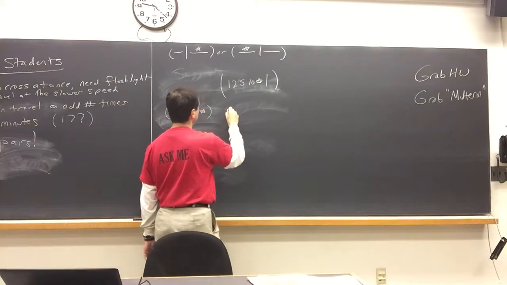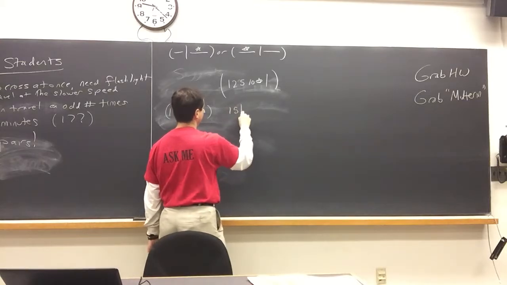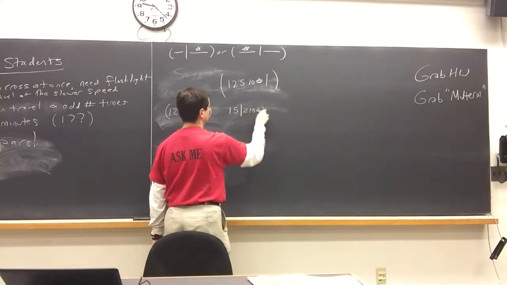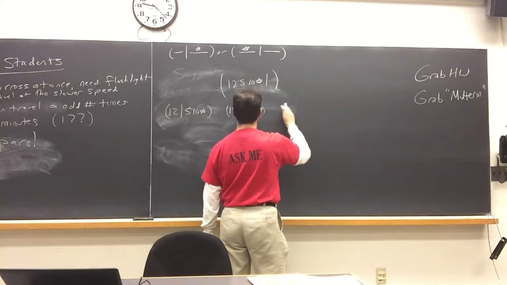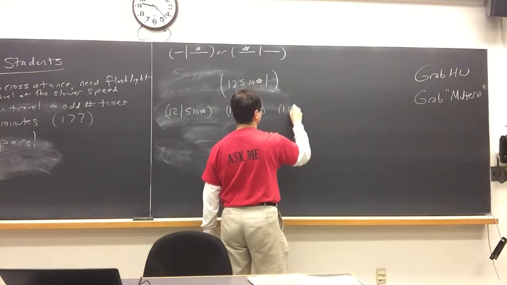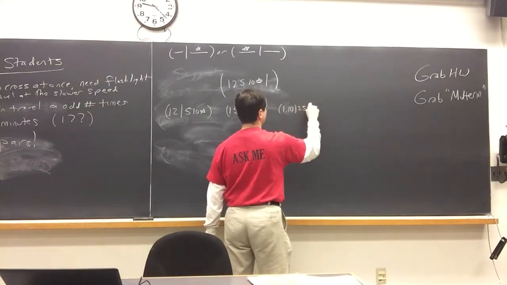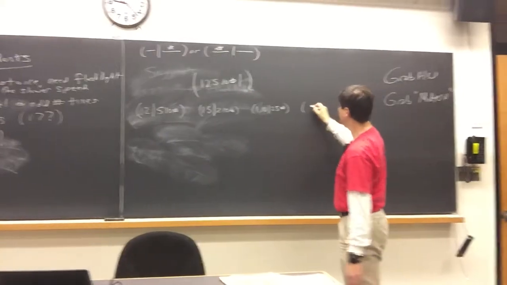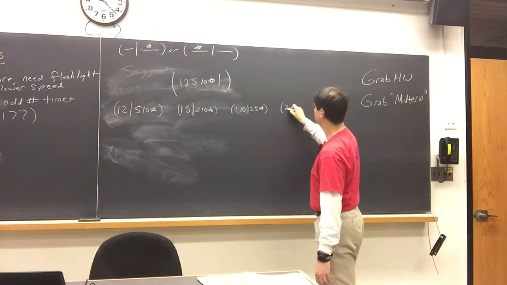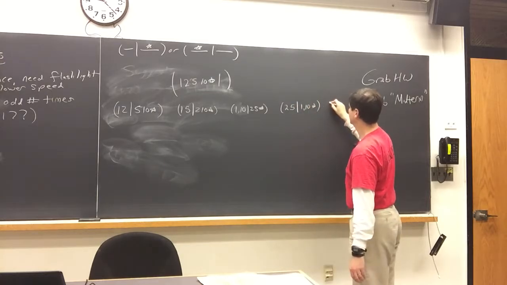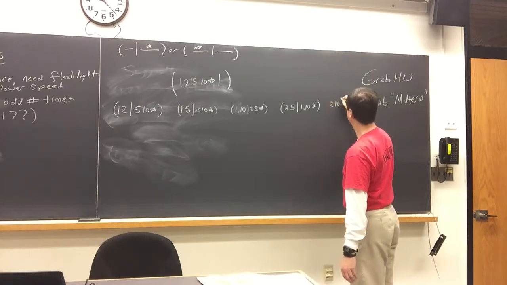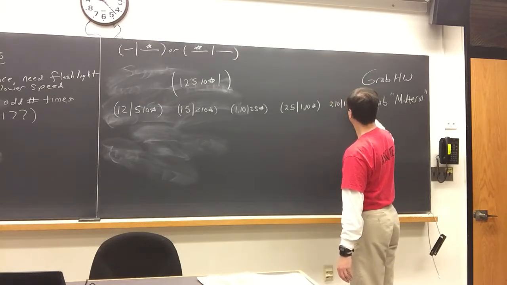We could move to 1, 5, 2, 10 star. We could move to 1, 10, 2, 5 star. We could move to 2, 5, 1, 10 star. We could move to 2, 10, 1, 5 star.